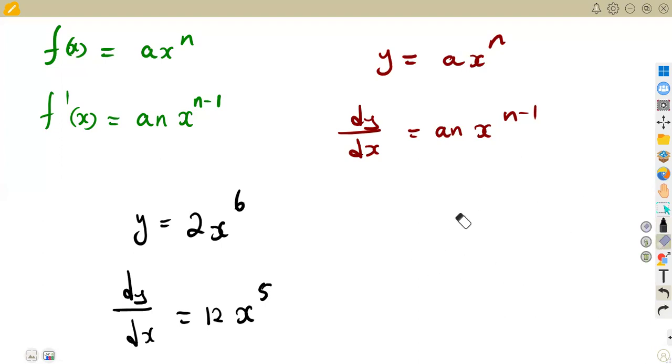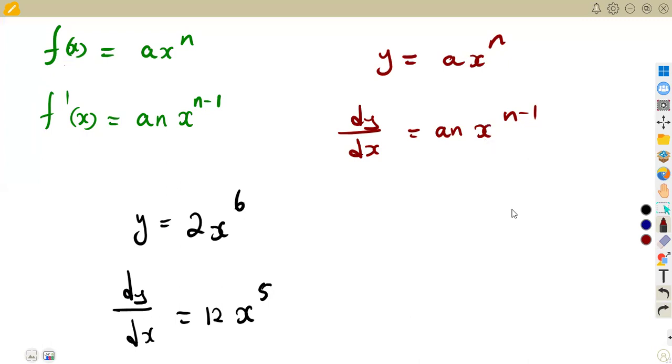We've got so many presentations or indications of how to present a derivative, like f of x, this is the first derivative. If I'm given y, this is dy dx, the derivative of y with respect to x.